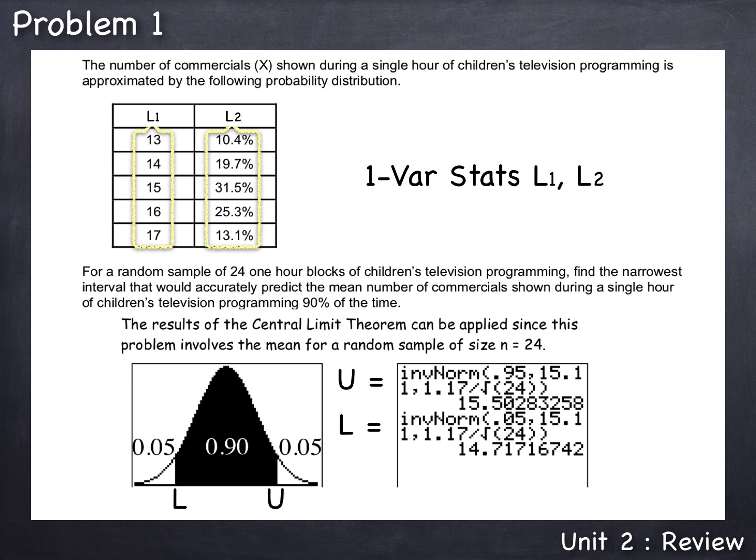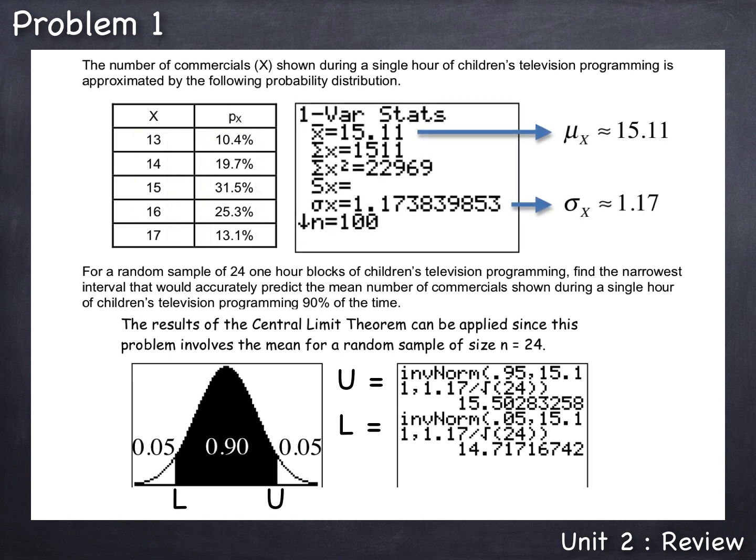When you press Enter, the screen reveals the calculated statistics. The calculator shows that x bar equals 15.11. But what this really is is the population mean mu equals 15.11, because this probability distribution accounts for 100% of everything that can happen.